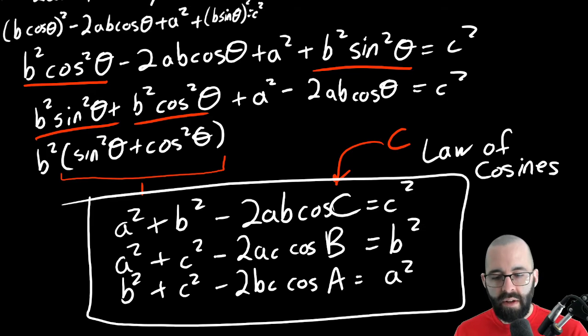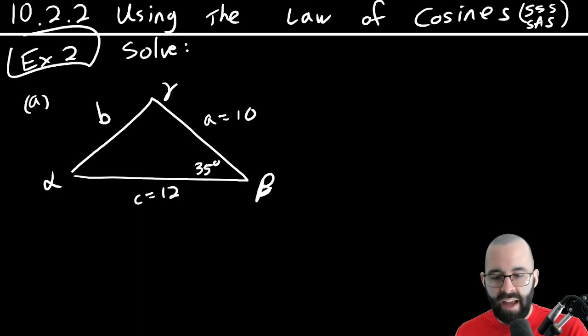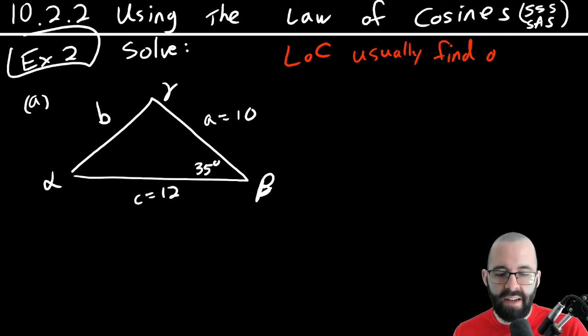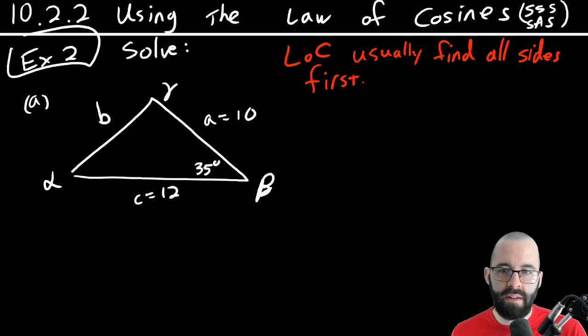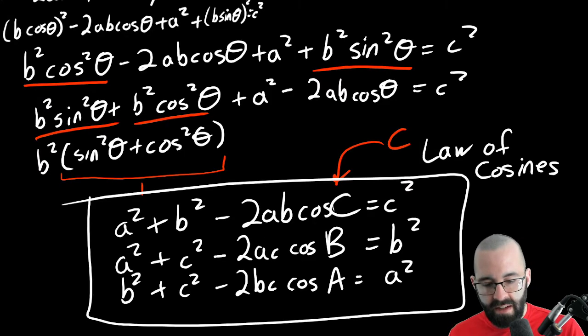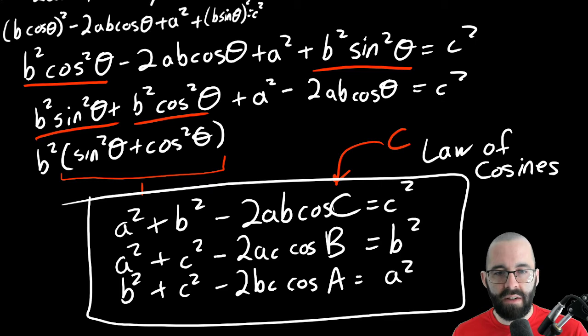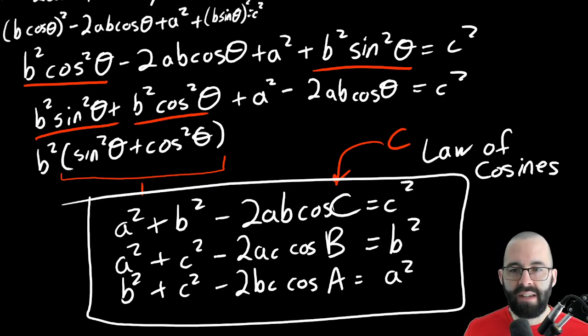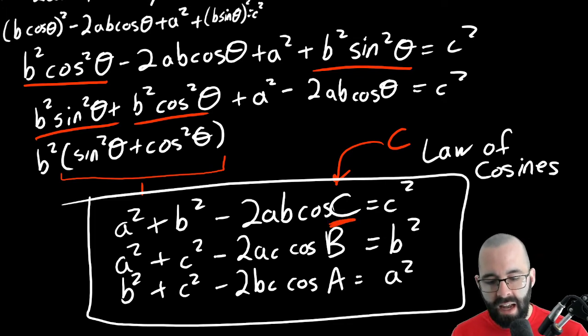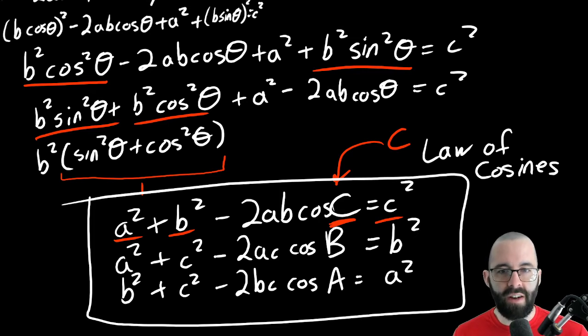So with law of sines, we usually like to find the angles first. With law of cosines, we usually want to find all the sides first. And the reason why is if we want to solve for an angle with the law of cosines, notice any angle we want, we do need all three sides to solve for that, right?